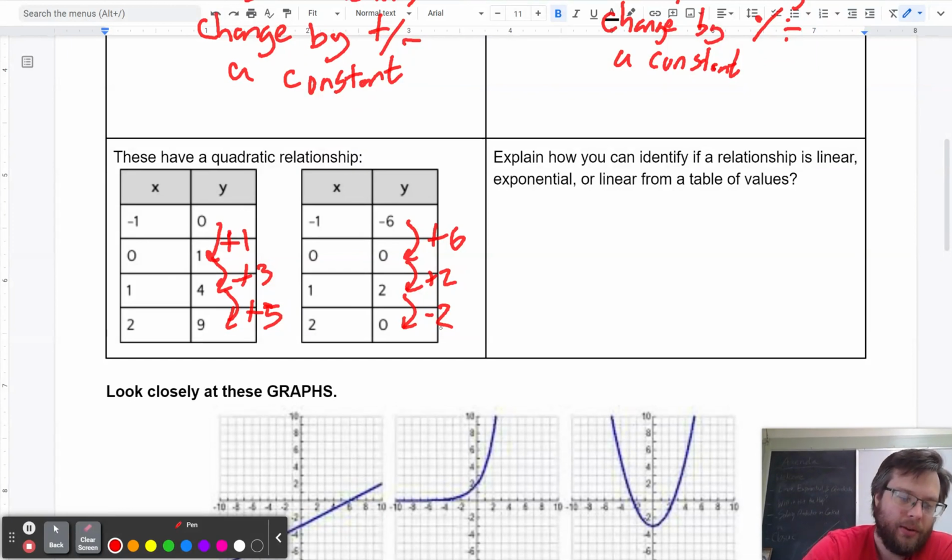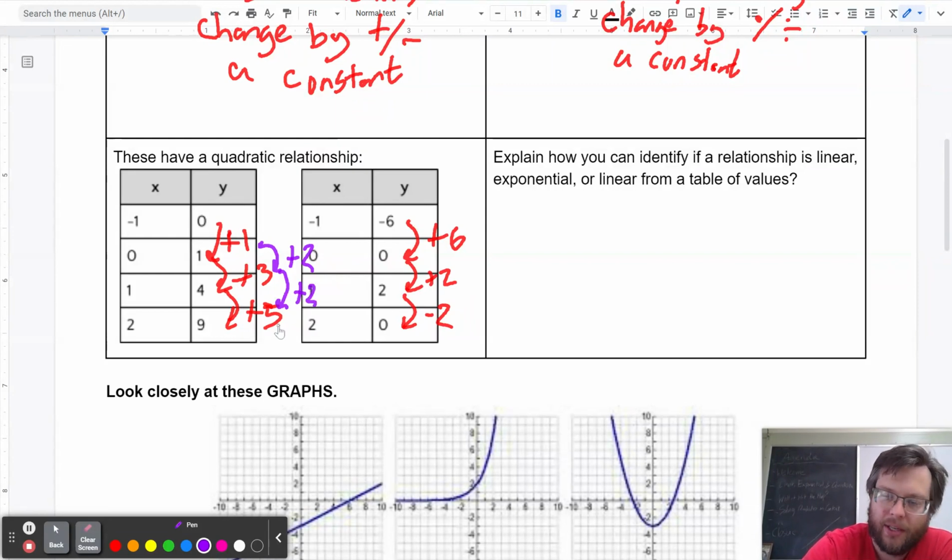And so it's a little bit confusing what's going on with a quadratic relationship. It's not multiplying, and it's not adding or subtracting the same amount every time. But there's a nice pattern that shows up when you look at the rate of change of those rates of change. So how do I get from a plus 1 to a plus 3? By adding 2. How do I get from a plus 3 to a plus 5? By adding 2.